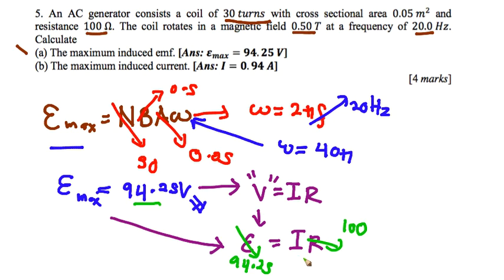Now you can find the value of the current I. So the maximum induced current is equal to 0.94 ampere.